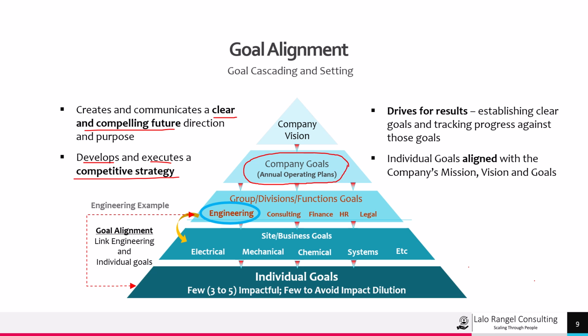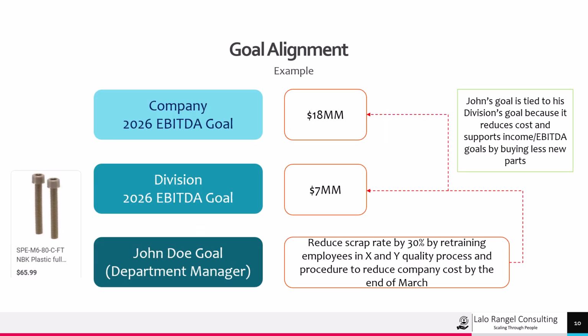Therefore, goal alignment helps drive results. And as we've been seeing, it helps us align individual goals with the company's vision and goals. This is an example of how we can identify and document individual goals.